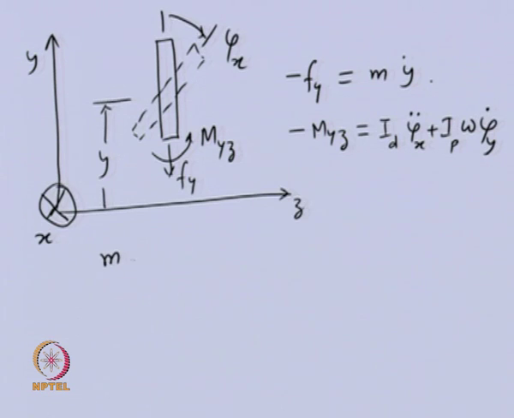They are x double dot plus fx is equal to 0, and y double dot plus fy is equal to 0.